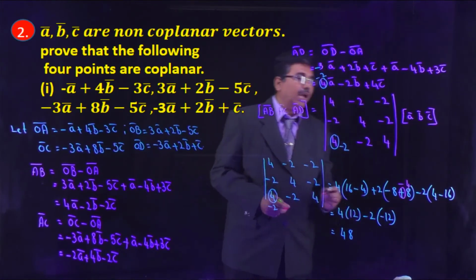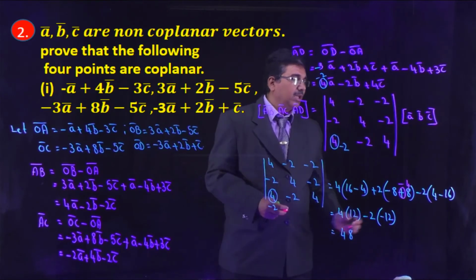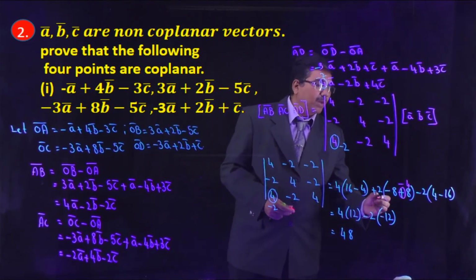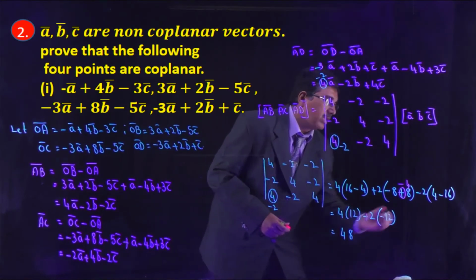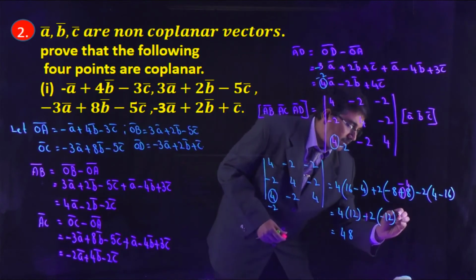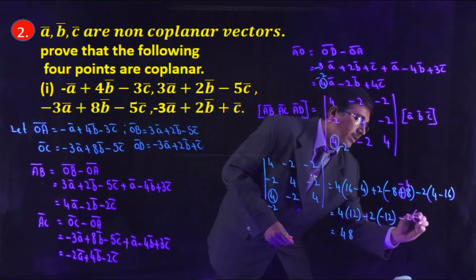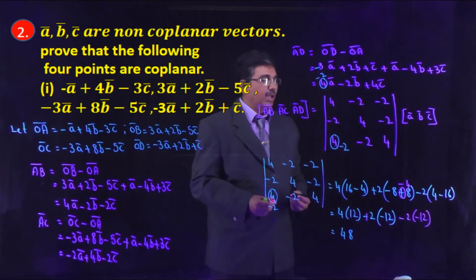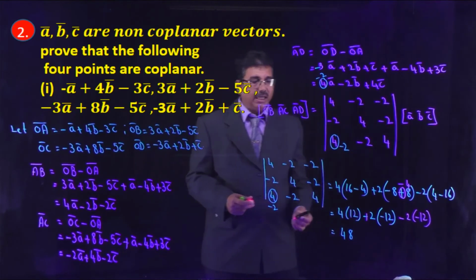Now 4 into 12, here 2 into minus 12, this is minus 2 into minus 2 into minus 12. Here this is 4 into 12, 48.